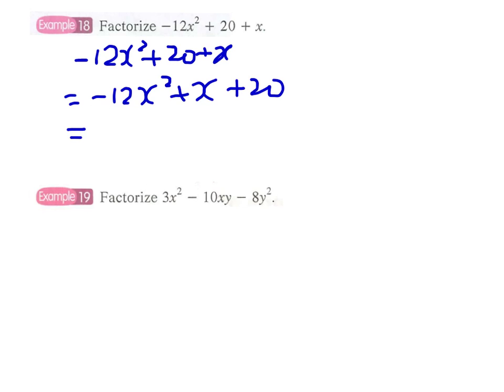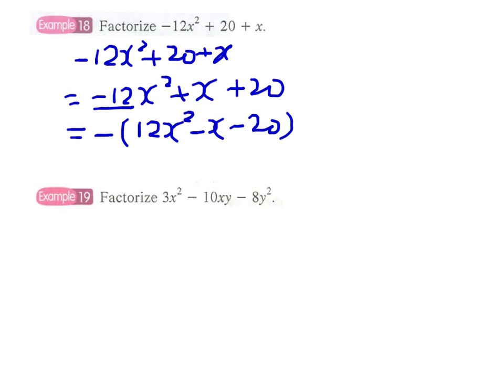And we have a minus 12 in the x squared as the coefficient of the x squared. Therefore, we take out the minus 1 here. We have minus bracket 12x squared minus x minus 20. Remember, we have to change sign here because we have taken out minus 1 as the common factor.